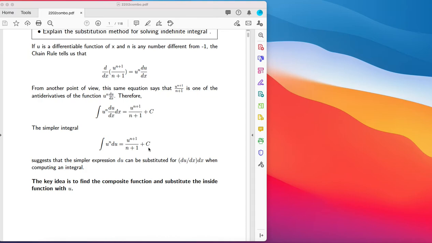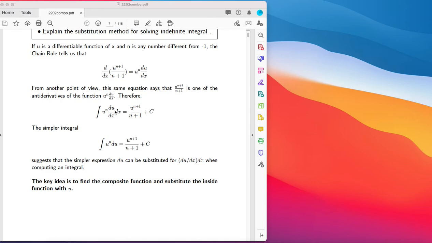This is a brief idea about where the substitution method comes from. Often you're going to have some form of this, and then you introduce one intermediate variable u, and make the substitution such that the whole integral transforms from an integral with respect to x to a new integral with respect to u only.